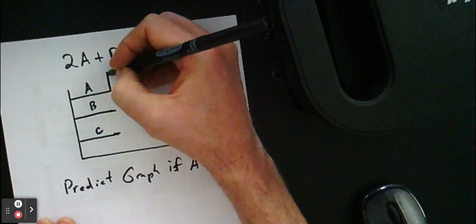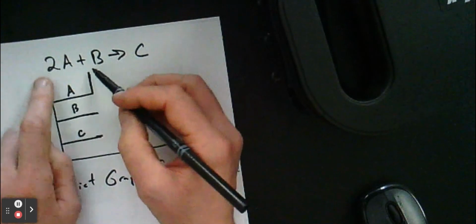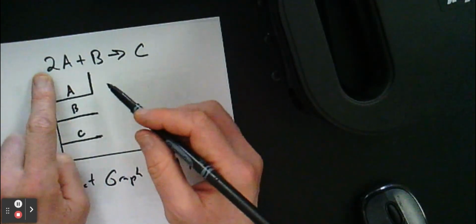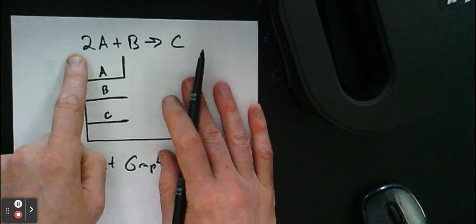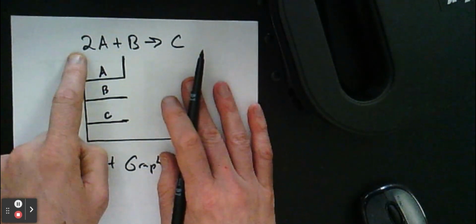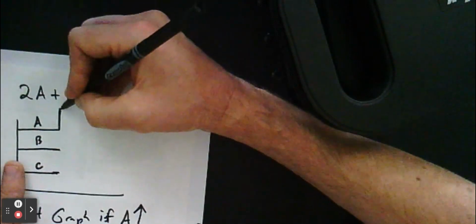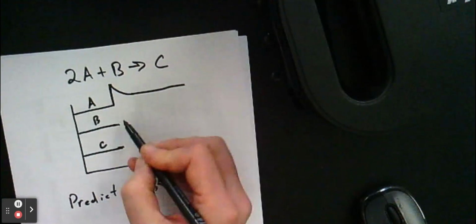Its concentration is going to spike like this. All right? Now, when it does this, Q is going to be less than K because my A value is going up. That's going to favor the forward reaction. So A would then tend to slope down like that and reestablish equilibrium.